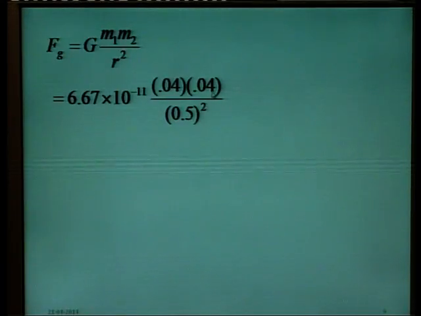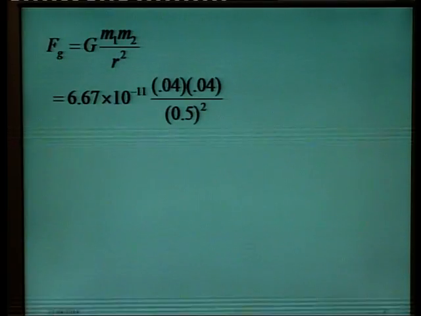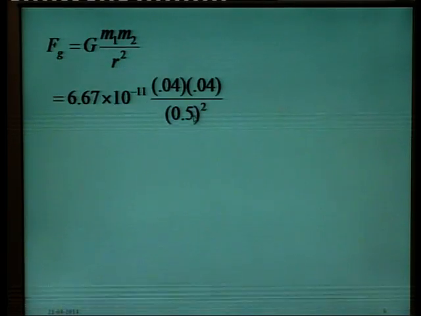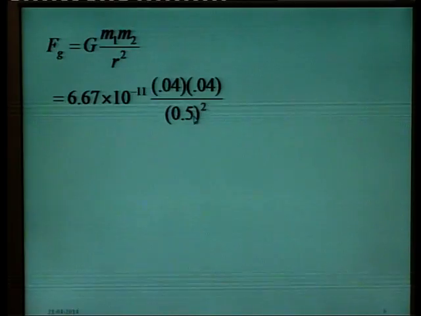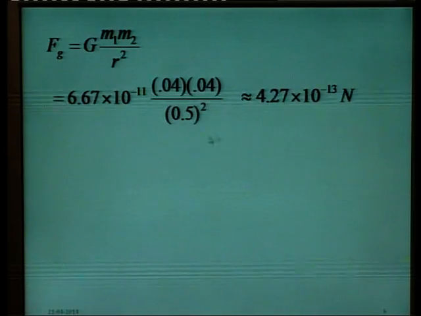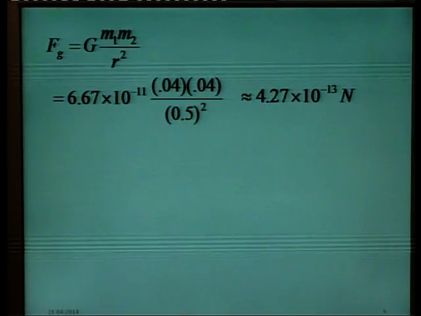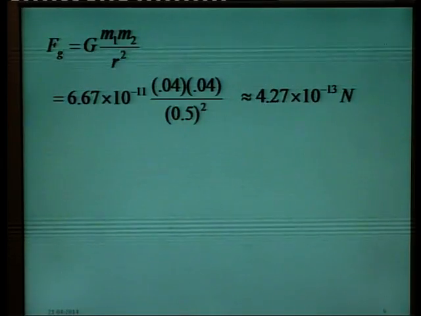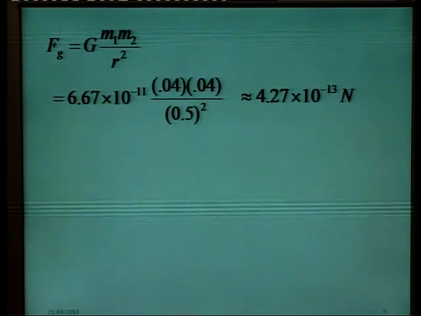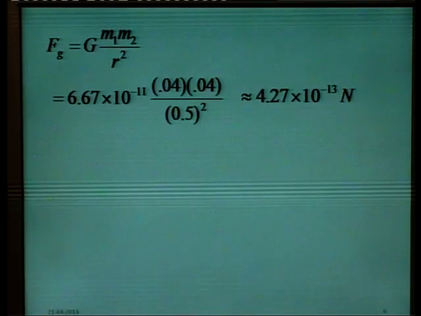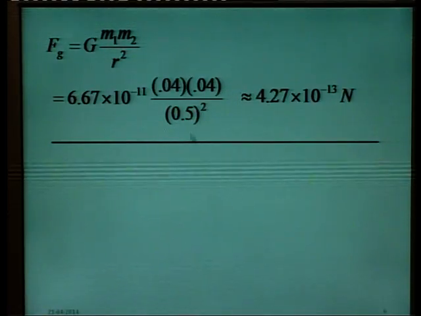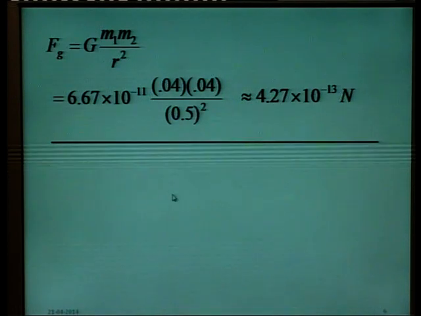R is the distance between the two. Distance was 50 centimeter, means 0.5 meter. We use SI system of units. If you do these calculations, the result is 4.27 into 10 to the power minus 13 newtons. So, this is how you calculate gravitational force.